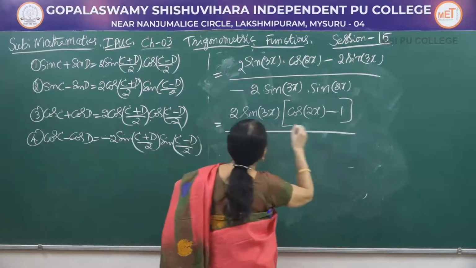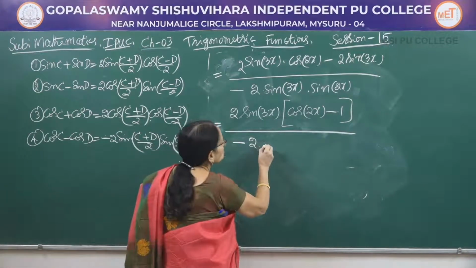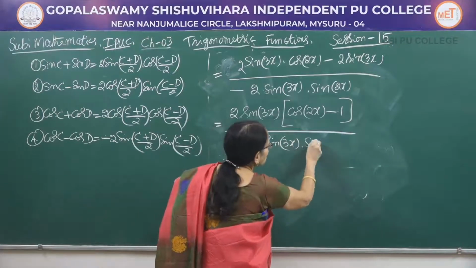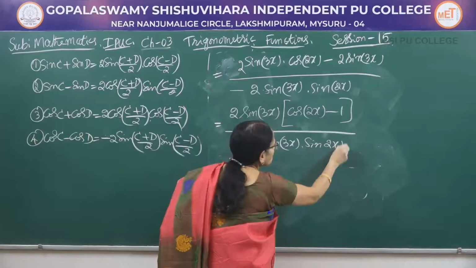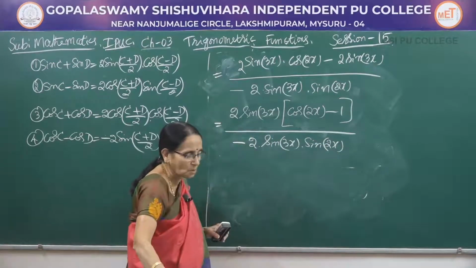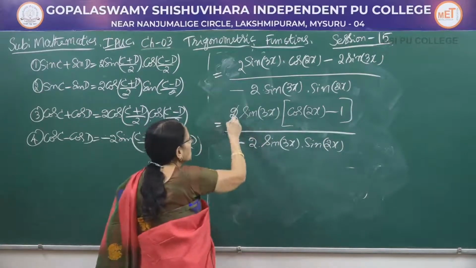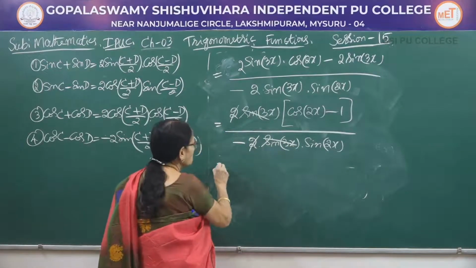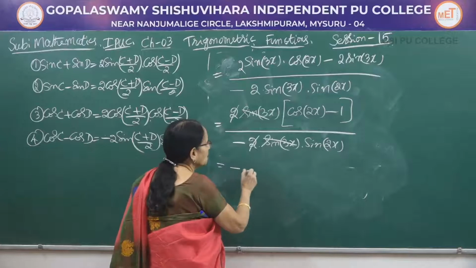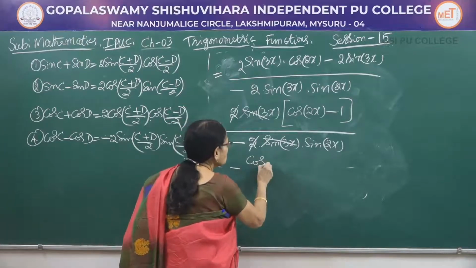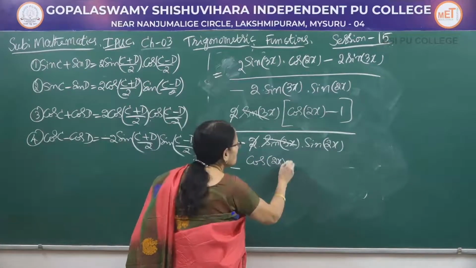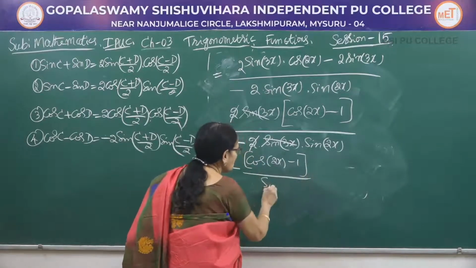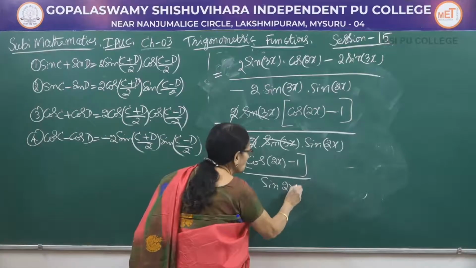Whole thing divided by minus 2 times sin of 3x into sin of 2x. Now you can do the cancellation of the number and also the ratio. Now write it as minus, it is cos of 2x minus 1, still inside the bracket, divided by sin of 2x.